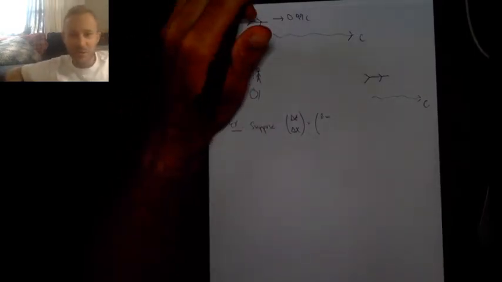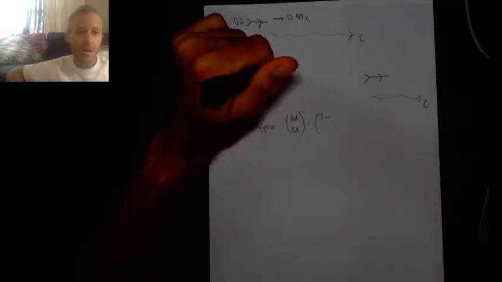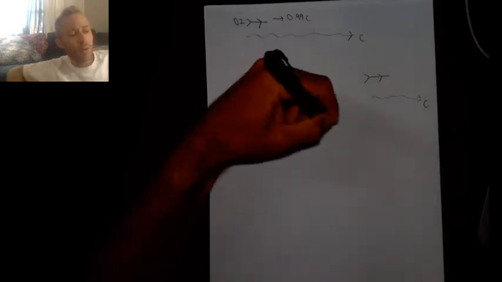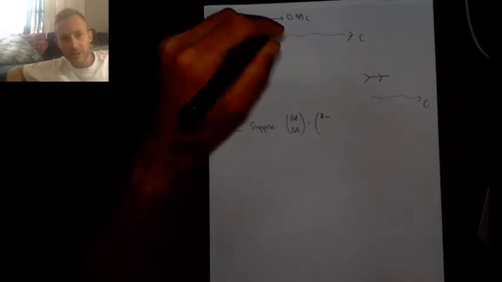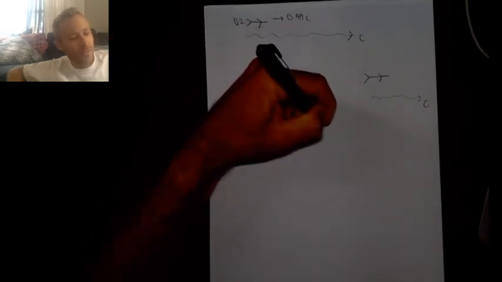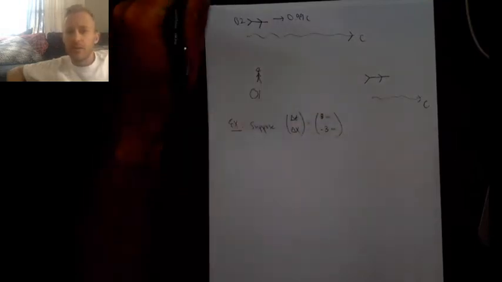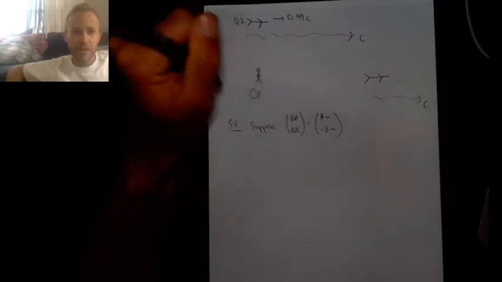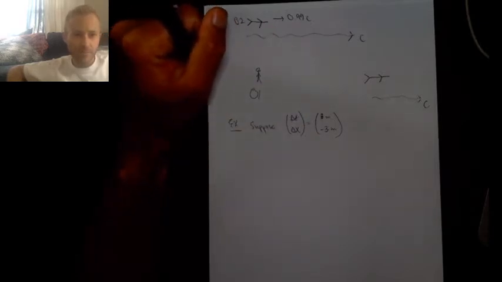In most special relativity textbooks, we measure time in meters. And then what if delta x is minus 3 meters?